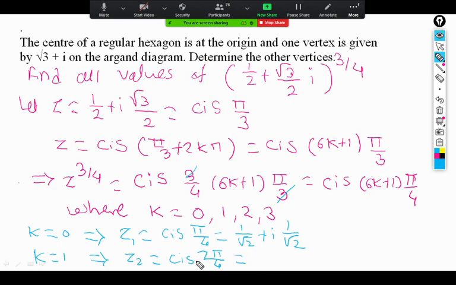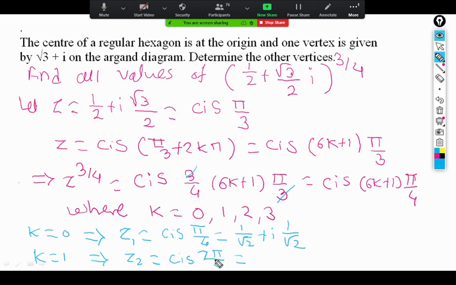Fourth. So it is 2 pi minus pi by 4, is it?